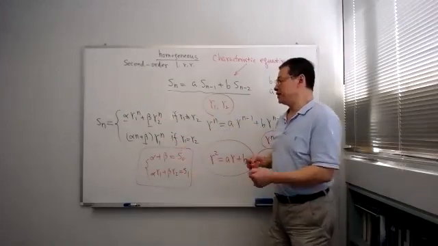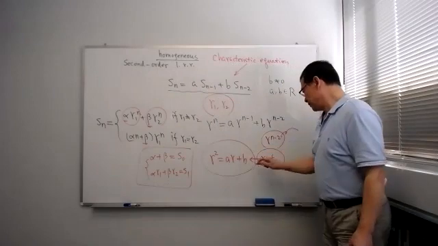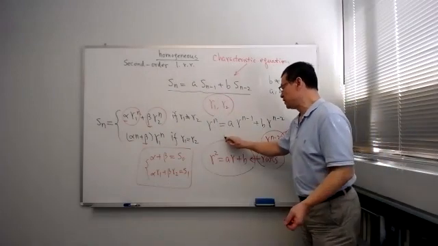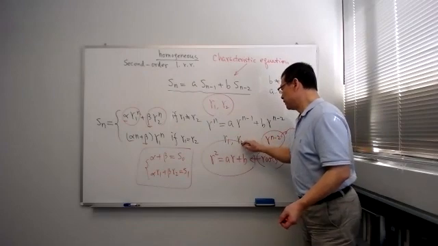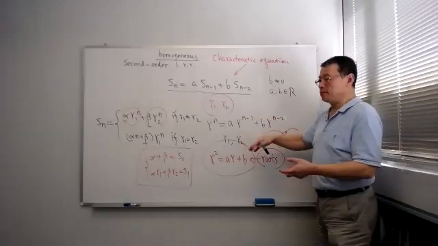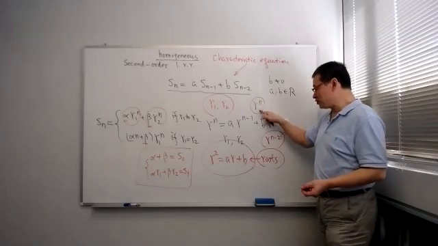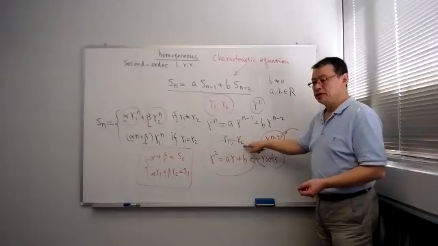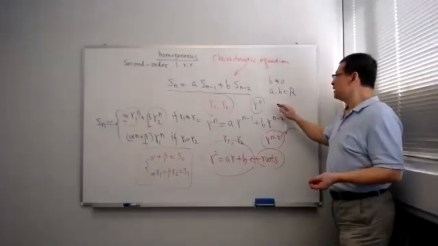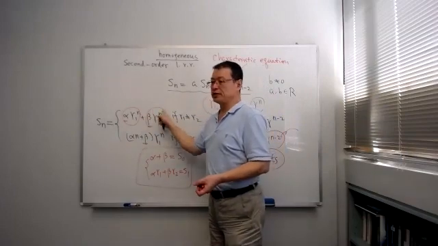And the reason why there is a summation here is that when the characteristic equation has two different roots, R1 and R2, the solution will be of the form of the exponential function R to the power n. But this value R can be two different ones, R1 and R2. And for this equation, it's easy to see that if this one is a solution and this one is a solution, then the summation is also a solution.